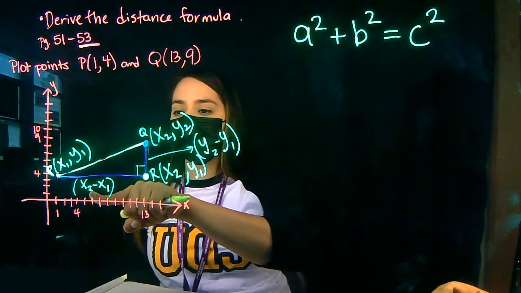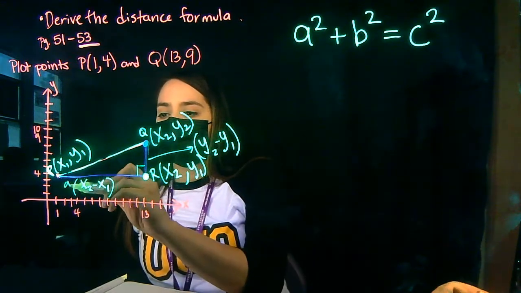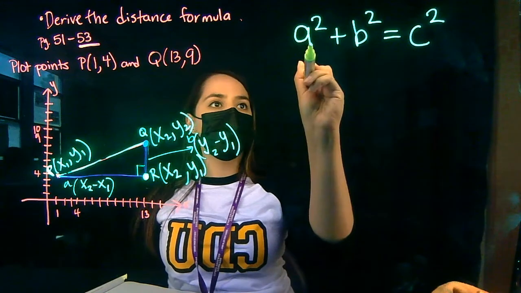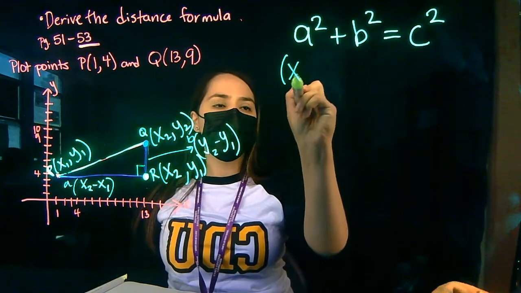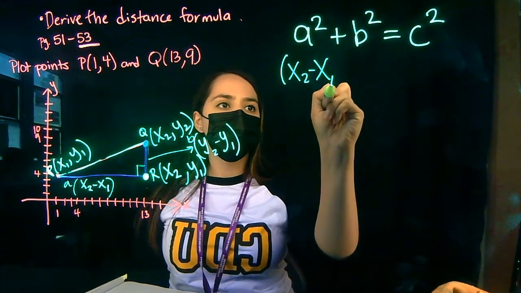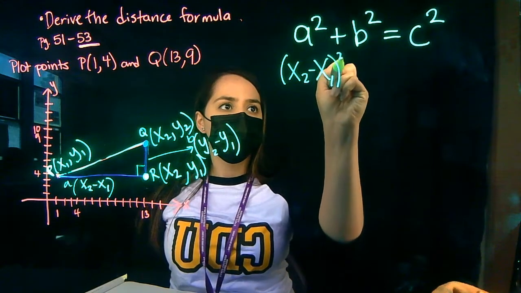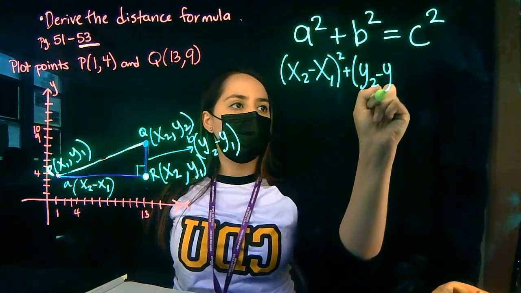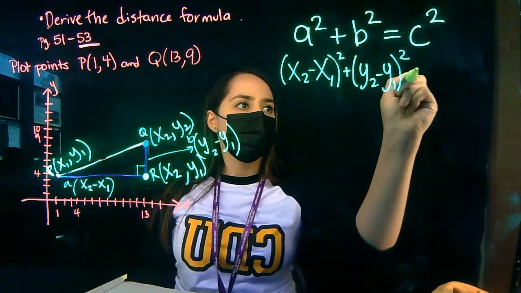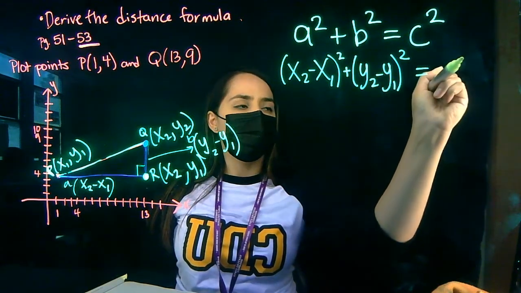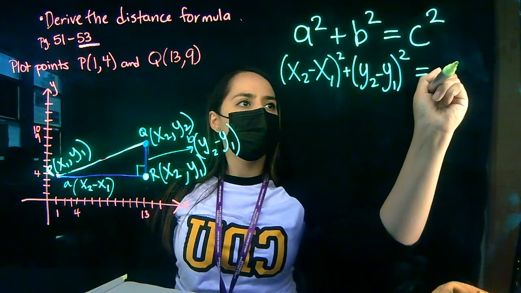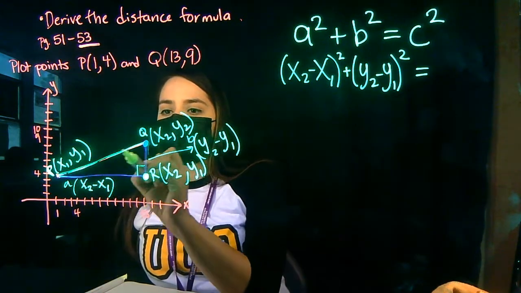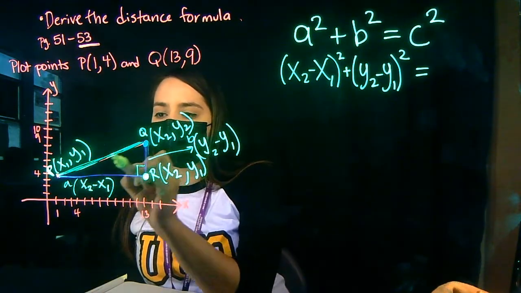So let's plug it in. Let's plug that in for A, and let's plug this in for B, right here. So A is x2 minus x1 squared plus y2 minus y1 squared equals c squared. But instead of doing c squared, what were we trying to find here?